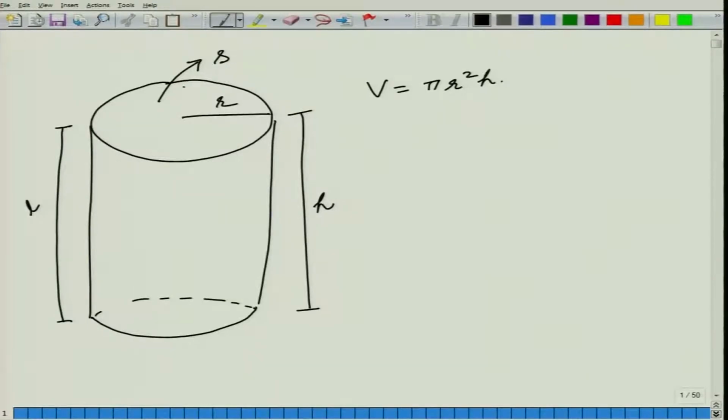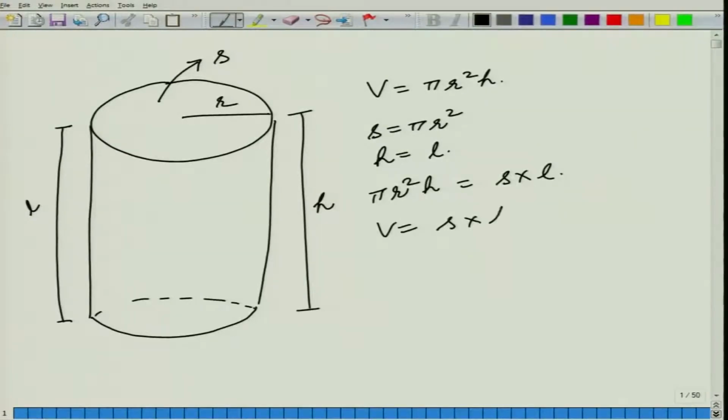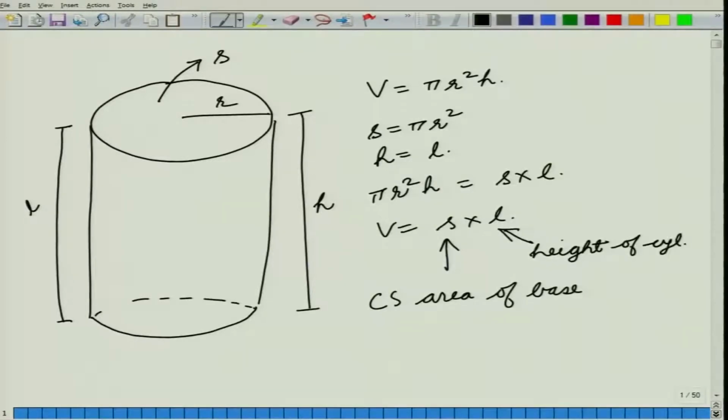In this case, because the section is a circle, S is equal to pi r square, and h is equal to L. So, we can write that pi r square h is equal to S into L. That is the volume of a cylinder, S into L, where S is the cross sectional area of the base and L is the height of the cylinder, or we can call it the length of the solid.